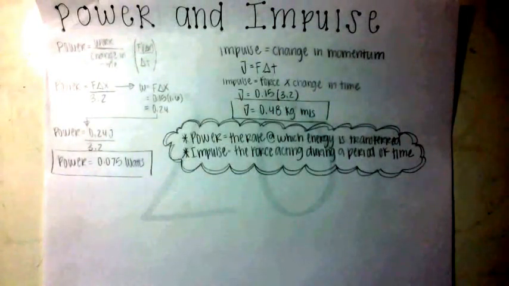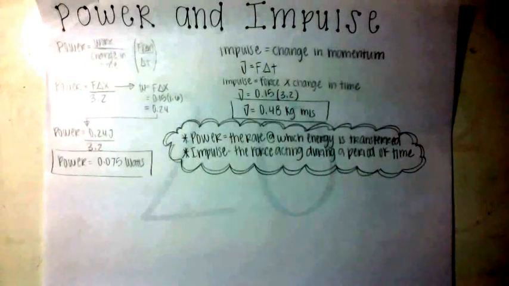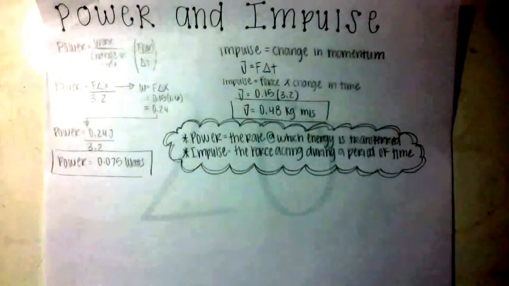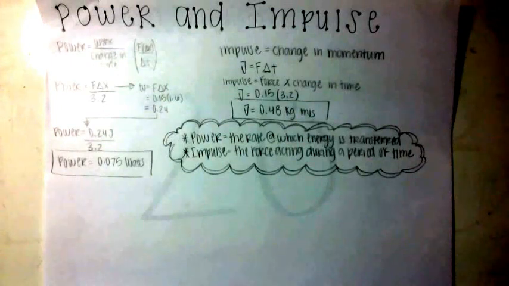And that equaled 0.24. So then we substitute that into the power equation. So we had power equals the work, which is 0.24, over the change in time, which was 3.2 seconds. So by calculating that, we got our power was 0.075 watts.